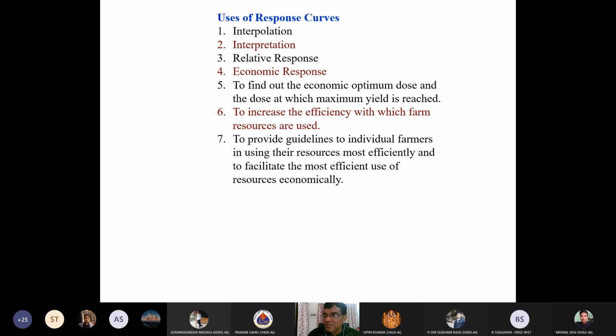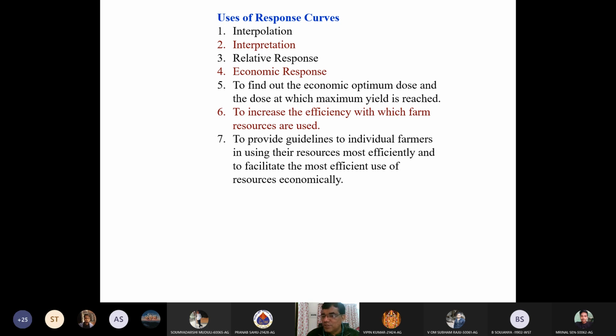This is a very interesting subject, friends. Whenever you do research, if you have some knowledge of this subject, you can make better interpretations of your results. Many times you can compare different sources of nutrients. You can use the same level but different sources, maybe 5, 2 or 3 sources of fertilizer, and see their relative response.